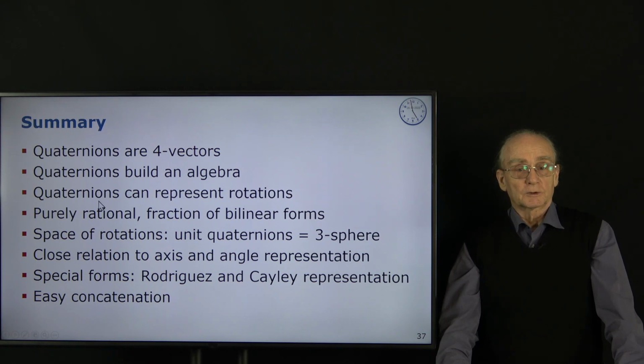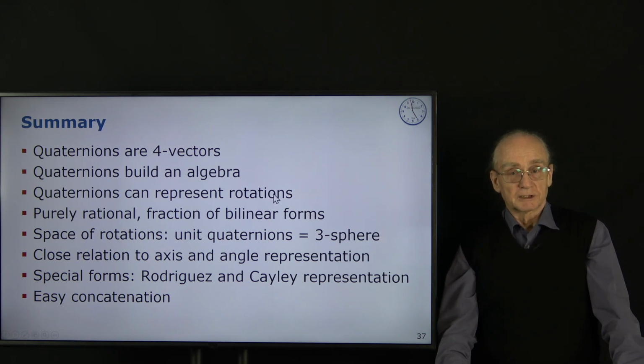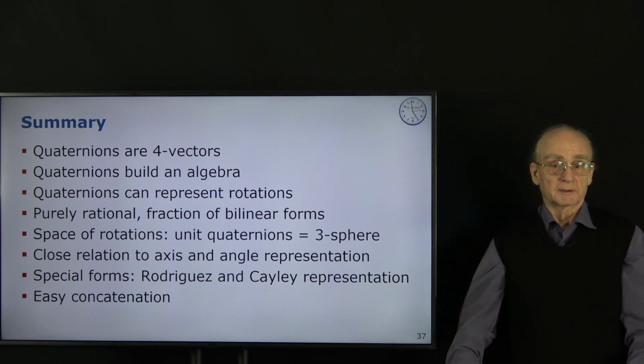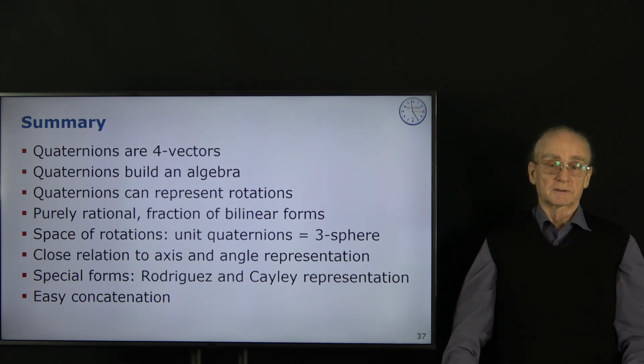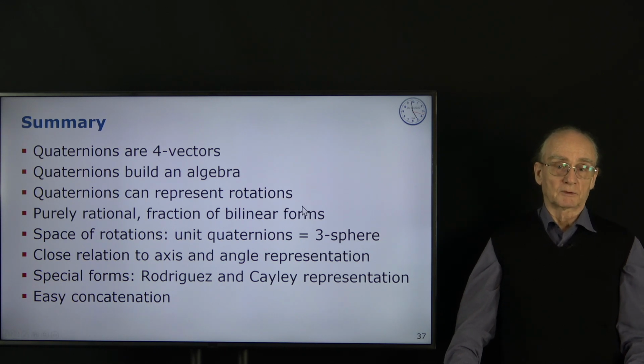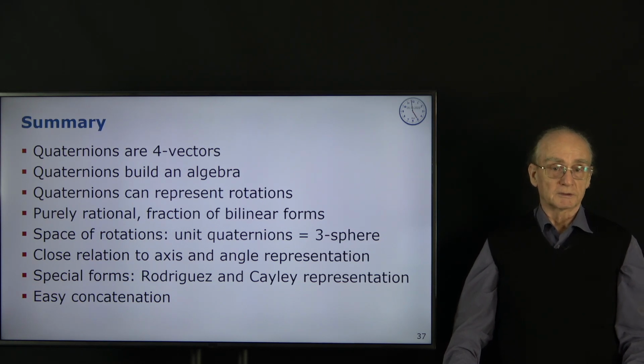Then we have seen that the quaternions can represent rotations. This representation is purely rational, so there are only fractions of bilinear forms. So we have no trigonometric forms in there, which eases the calculation and speeds up the computation, because cosines and sines always take more time than just polynomials.